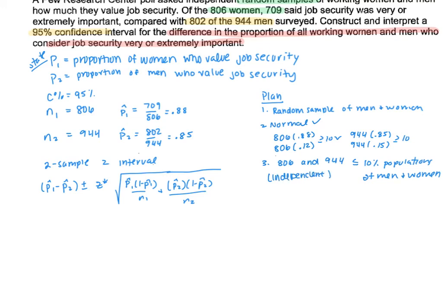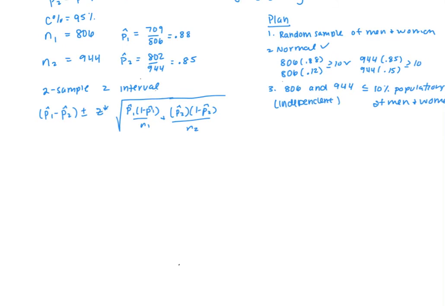So now we can plug in numbers into our confidence interval formula. So p hat 1 minus p hat 2 is 0.88 minus 0.85 plus or minus. The z star for 95% is 1.96.